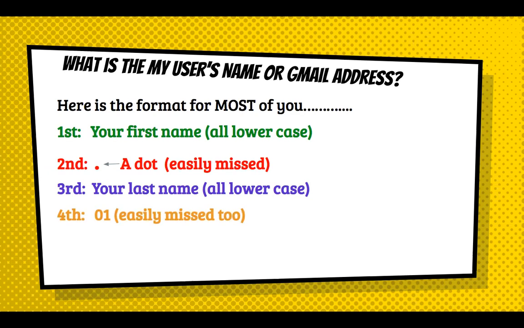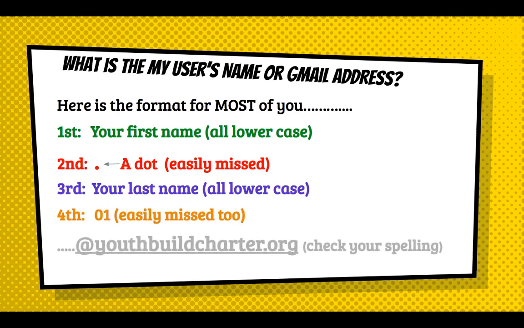But most of you will have this format. The first step is going to be your first name, all lowercase, followed by a dot. And remember, there is a dot, followed by your last name, which is lowercase, followed by 01.